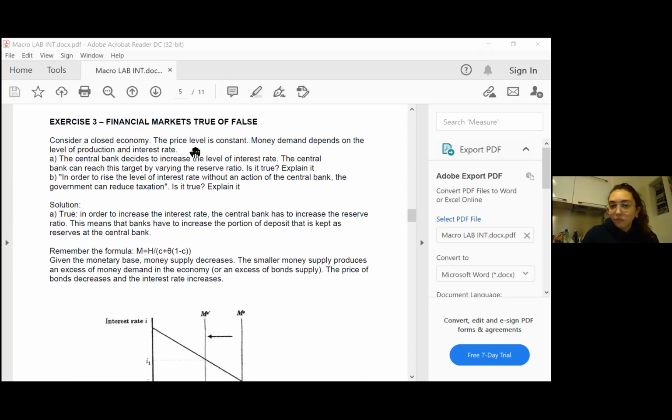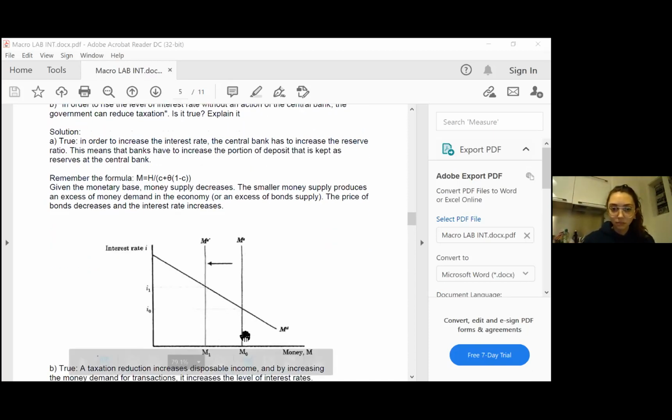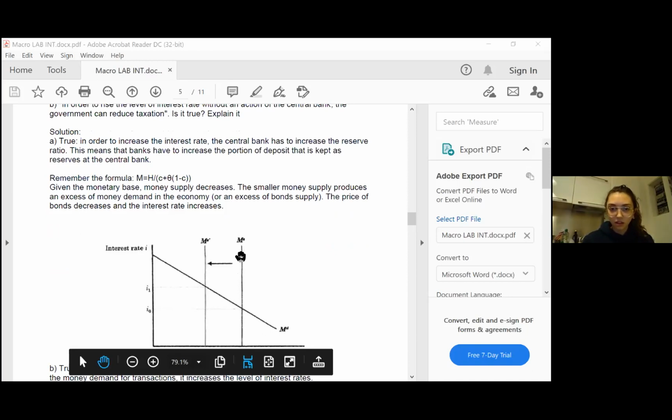So it was not specified in the question, but it actually does not really make a difference. But yeah, here in the graph, you can see that money supply was exogenous indeed.